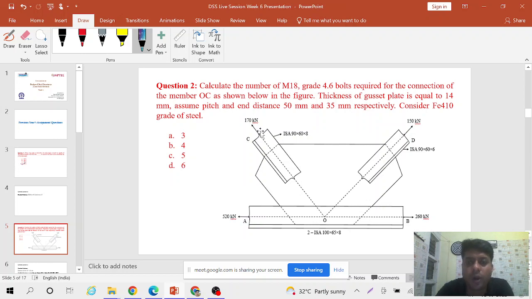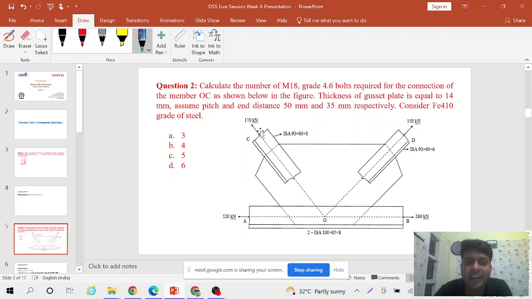Can you tell me from the question what is the diameter of bolt we are using here? We are using 18 mm diameter, and the hole diameter will be 20 mm. How do you get 20 mm as hole diameter? One table is there in IS 800:2007 regarding the bolt holes: for less than 22, it is bolt diameter plus 2.